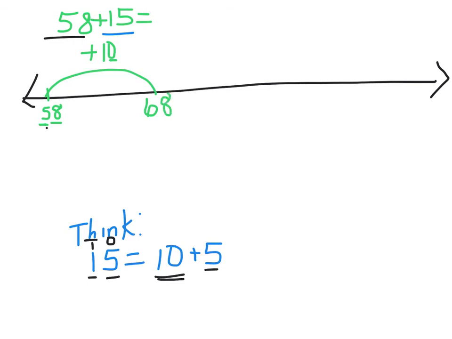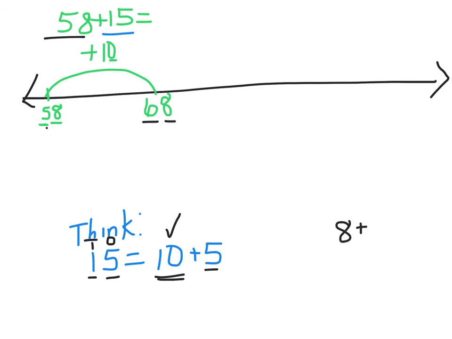The only digit that changes is the digit in the tens place. So now we added the 10. We need to add 5 more. Now this is when your 10 facts come in handy. Looking at the number 68, there are 8 ones there.